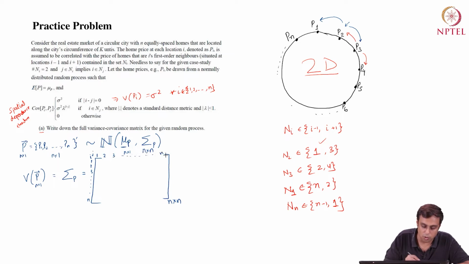For the first cell of this variance covariance matrix, when i equals j, that is, the absolute value of i minus j is 0, the covariance structure tells me that the diagonal element will be sigma squared. Similarly, for all diagonal elements, when i and j are exactly equal, I'm going to find a sigma squared value.